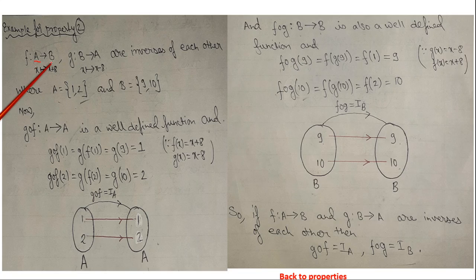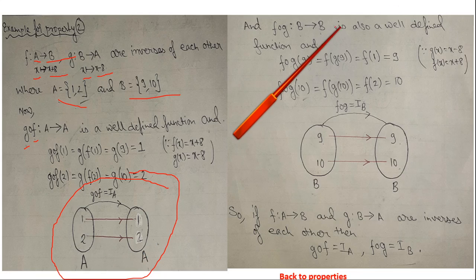Here A is equal to this and B is equal to this. f is defined as f of x equal to x plus 8, and g of x is x minus 8. So clearly these two are inverses of each other. Now we observe that f composite g, that would be from A to A, is a well-defined function, and we would get an identity function.